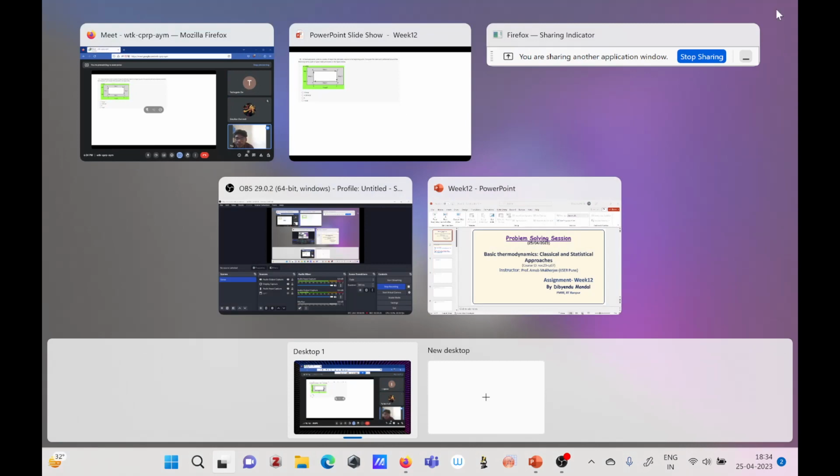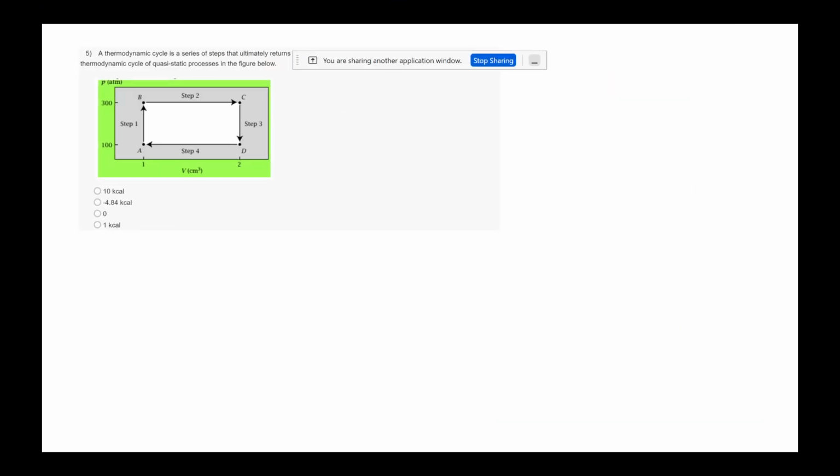It is always important to do these things not verbally but mathematically. So this W is W2 plus W4. W4 is P1 dV1, and it is P2 dV2. So this is 300, this is 100, and this is 1.